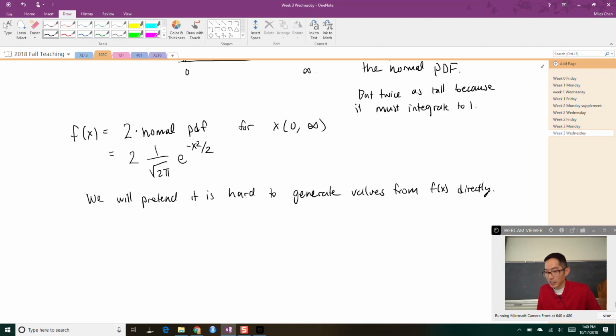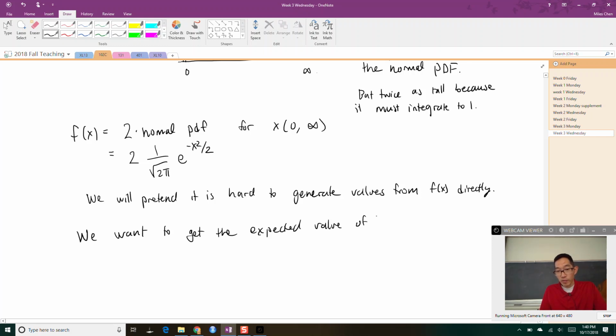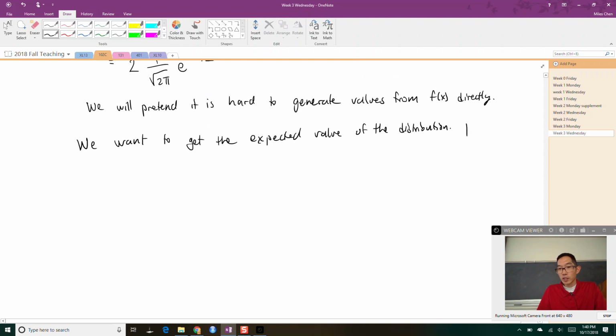Let's say we want the expected value of this distribution. Basically we want the expected value of x over the distribution defined by f.